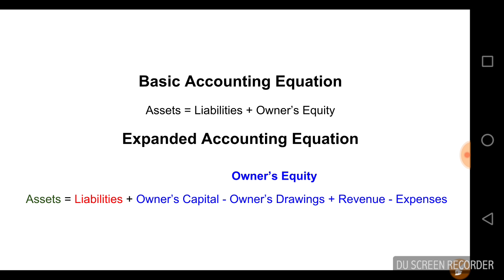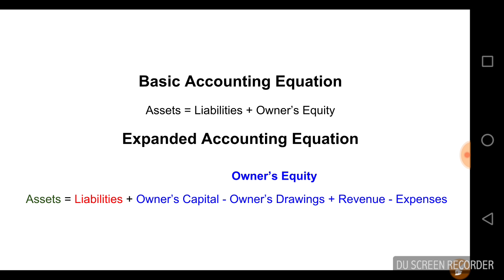The two ways to decrease equity in a business are by owner's drawings, meaning the owner withdraws money from the business account that will decrease equity, and by incurring business expenses.